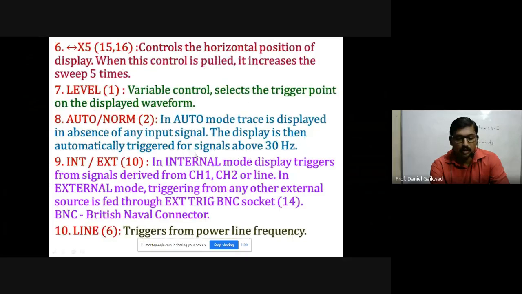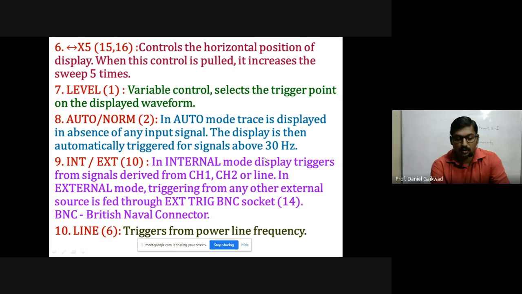Check carefully. In internal mode, display trigger is from signals derived from channel 1, channel 2 or line.